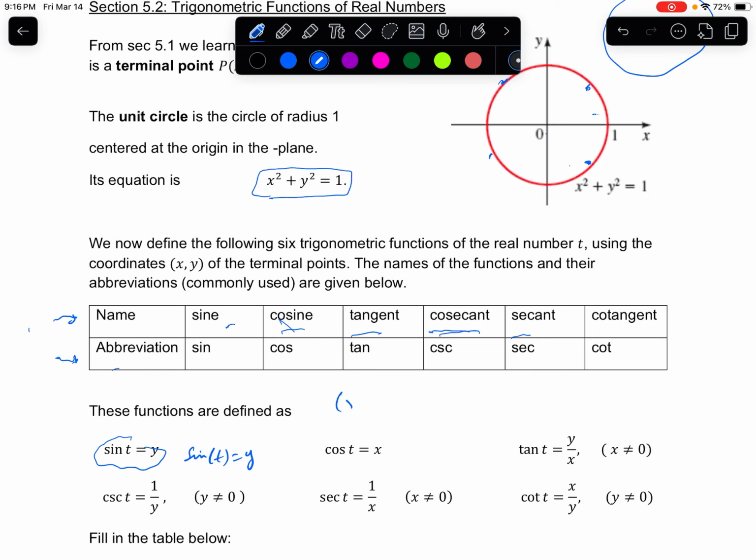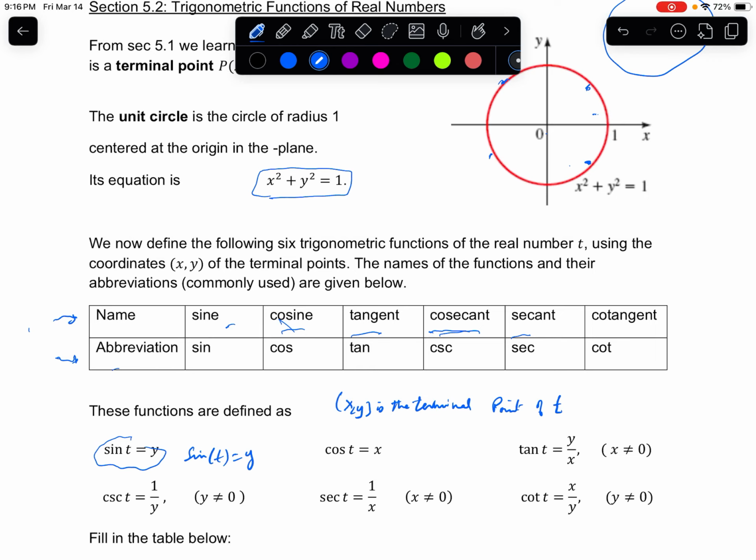So (x, y) here is the terminal point of t. Then the sine of t will be equal to the y coordinate of the terminal point.